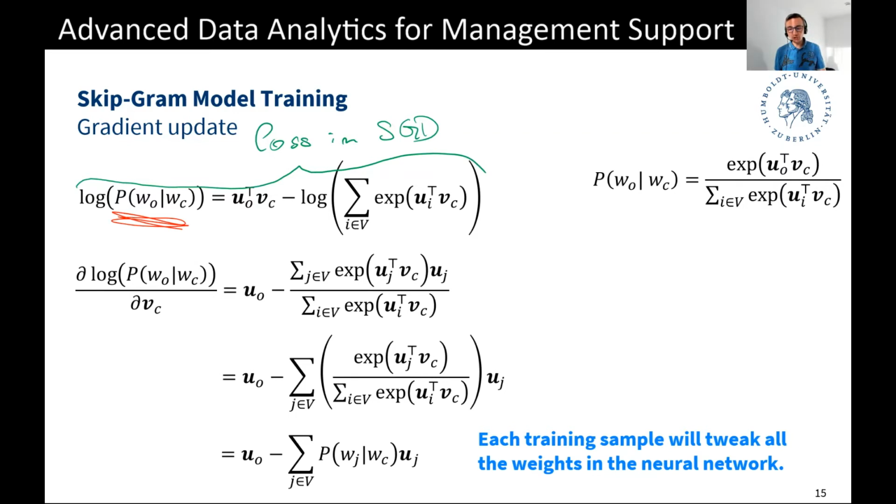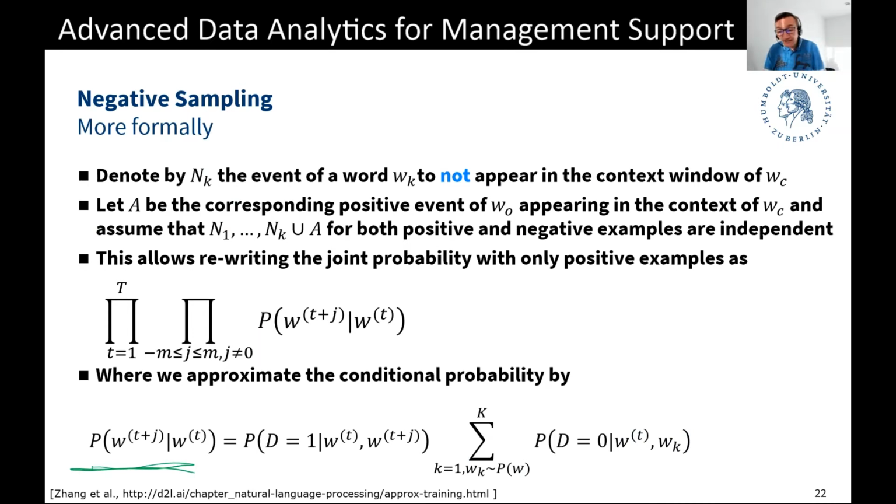We have this conditional probability of observing an actual context word given the central target word, and that's exactly what we have now in the scope of negative sampling, just that we approximate it by saying, well, this conditional probability is the product over the words that actually occur in the same context, being near to each other.